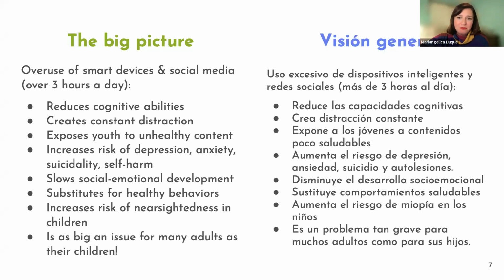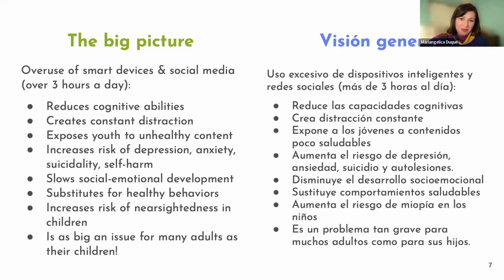Dramatically increases risk of depression, anxiety, suicidal thoughts, and self-harming behaviors. Creates loops of behavior where young people suffer from the issues and use their devices to self-soothe, making the problem even worse. Terrible cycle. Slows down the development of social emotional intelligence, social skills, and healthy risk-taking that set children up for their adult lives.